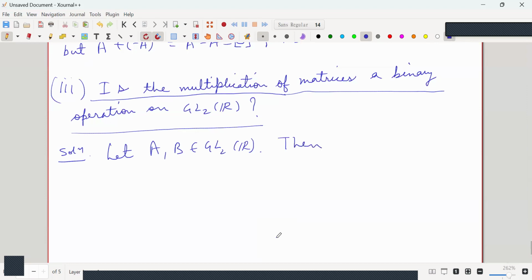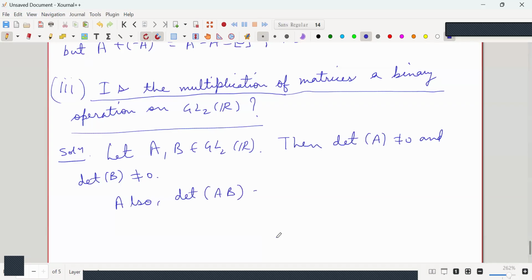So it is inside GL2R. Then determinant of A is non-zero, and also determinant of B is non-zero, right? Also determinant of AB. So determinant of product is product of determinants, right? I hope you know this property of determinant.